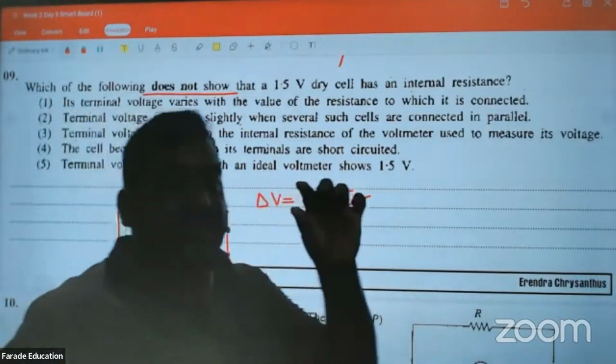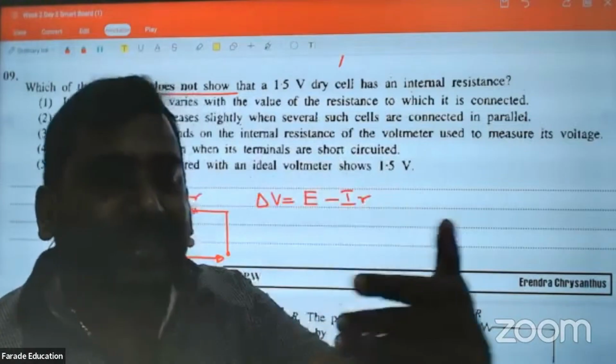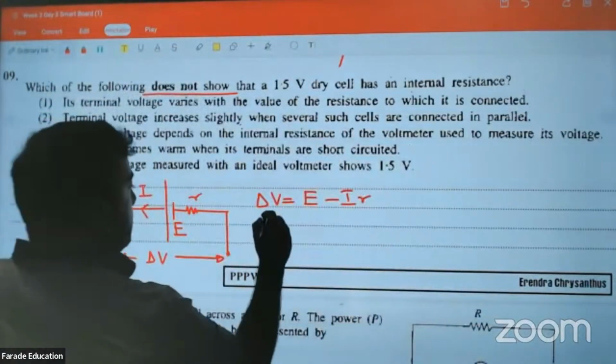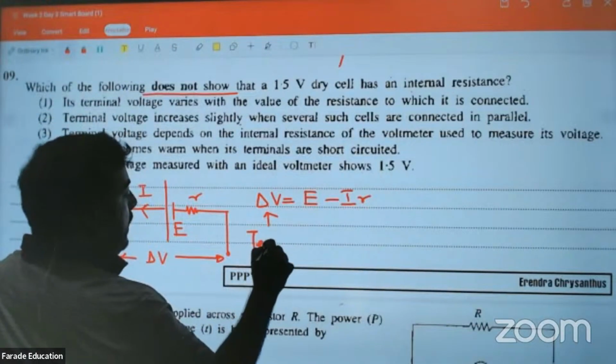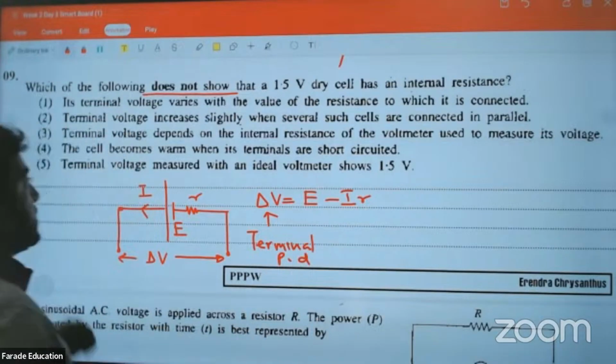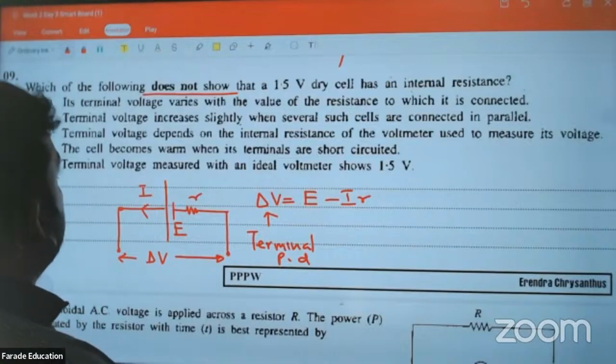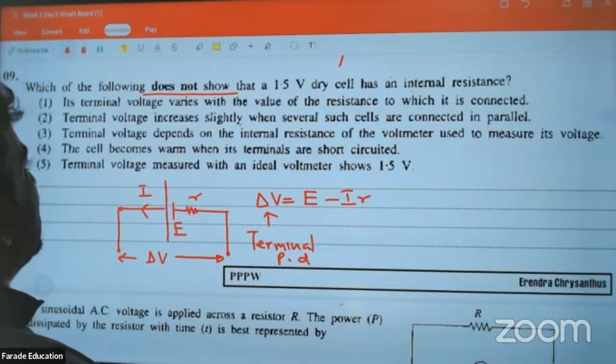Now in a battery you see 1.5 volts. What does that mean? 1.5 volts means a terminal potential difference. First one, terminal voltage varies with the value of the resistance to which it is connected, right?